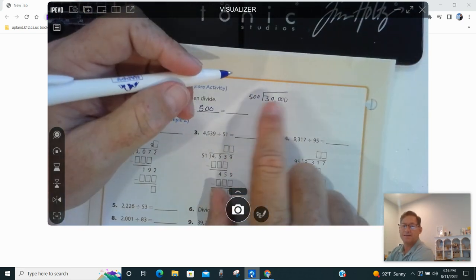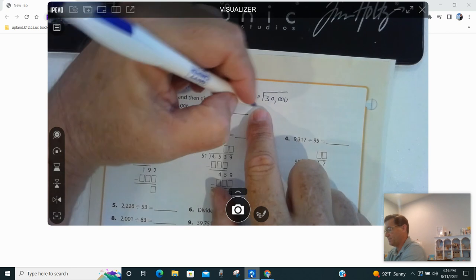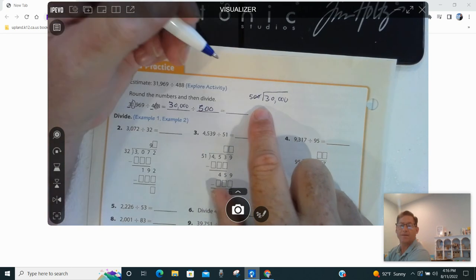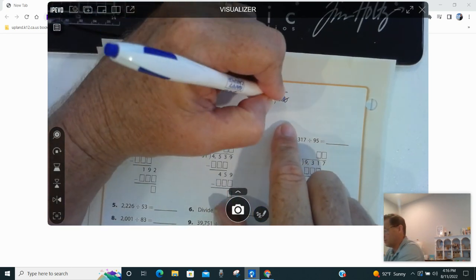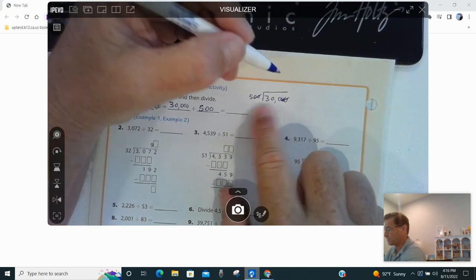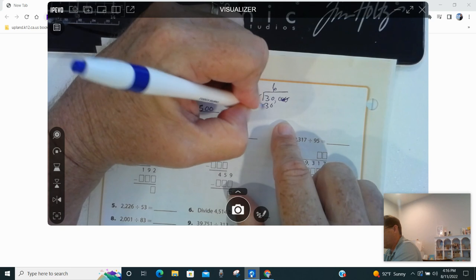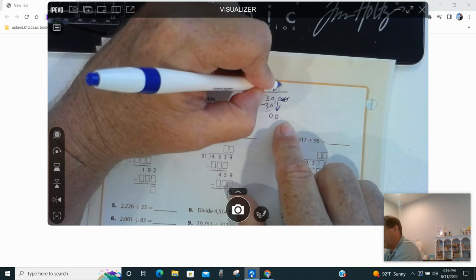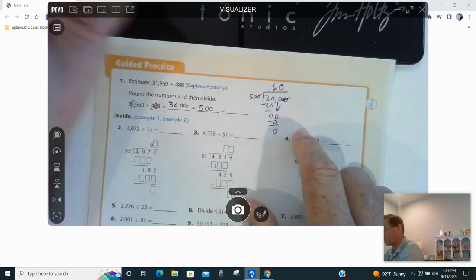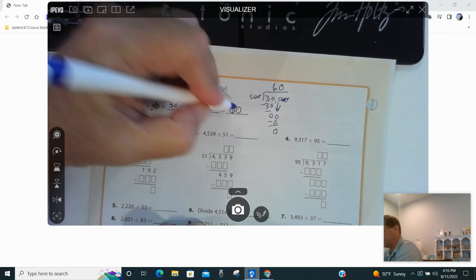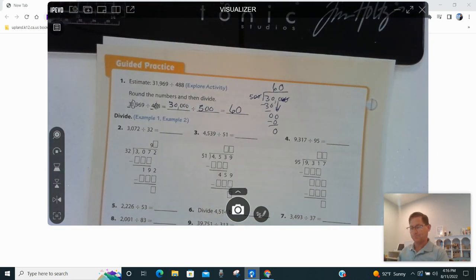I can reduce the divisor and dividend by dividing each of them by 100, which means I can cross off the end zeros. I can't take 5 from 3, but I can take 6 5s from 30. And so my answer is 60.